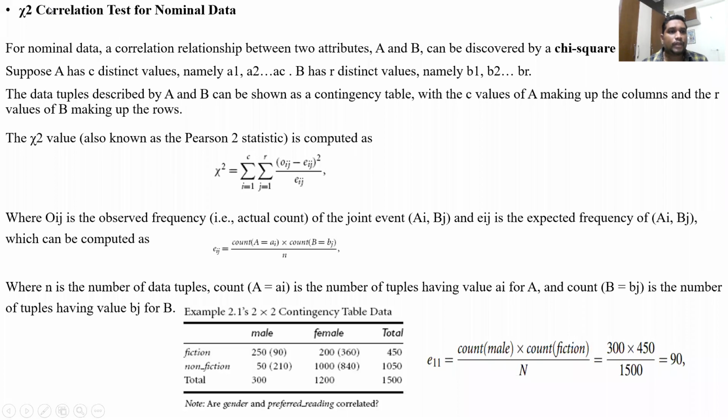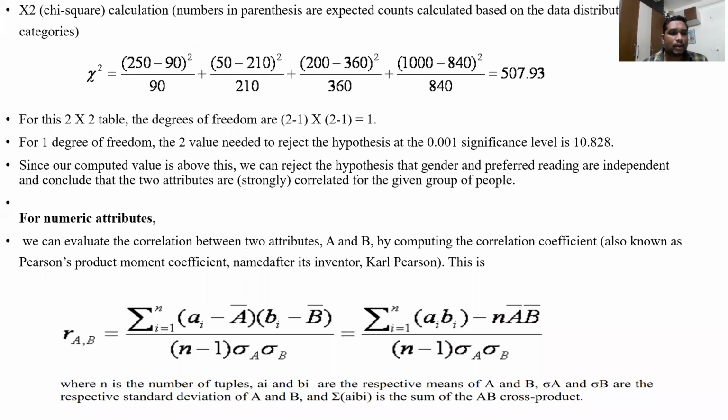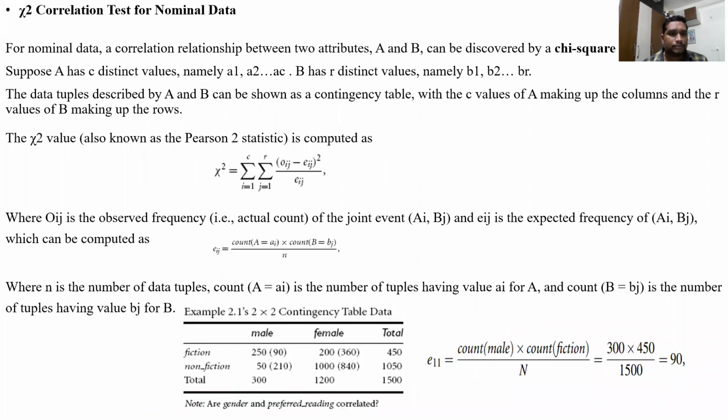Now, how do you calculate the correlation for nominal data? Nominal data means, as you already know, nominal and categorical data.